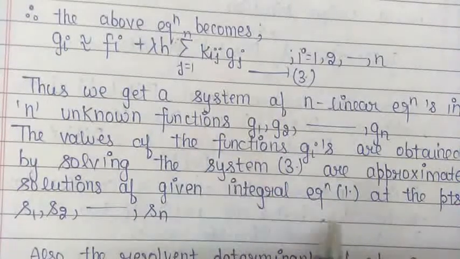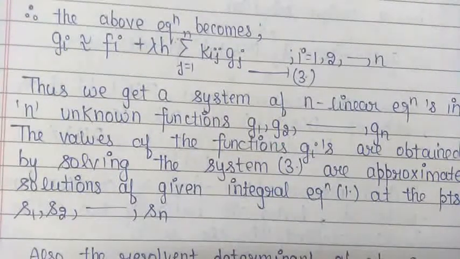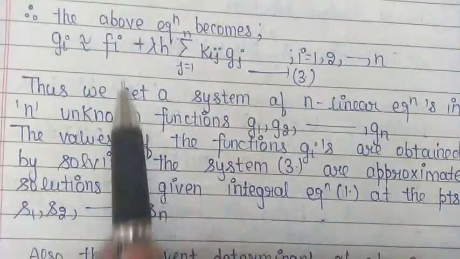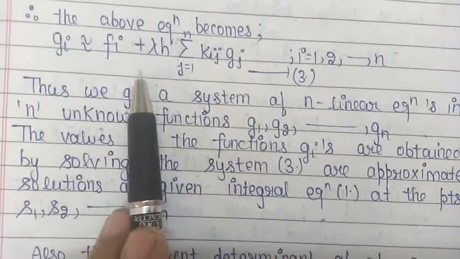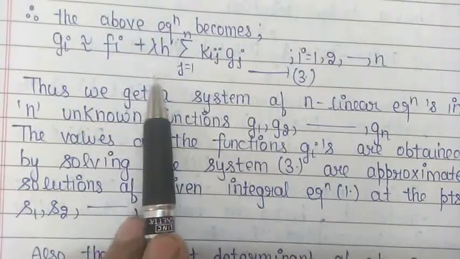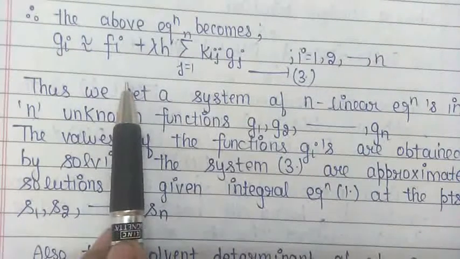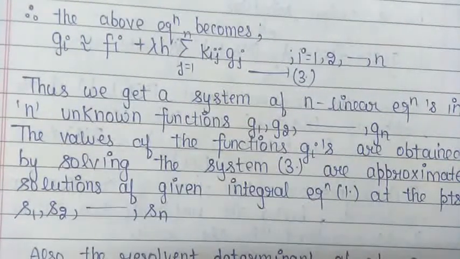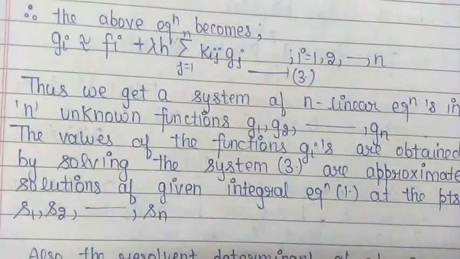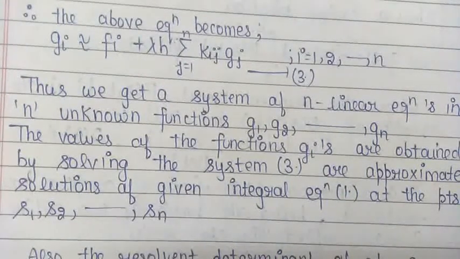The values of gi are obtained by solving this system of equations, and by solving it we get the approximate solutions of the given integral equation at the points s1, s2, s3 up to sn.